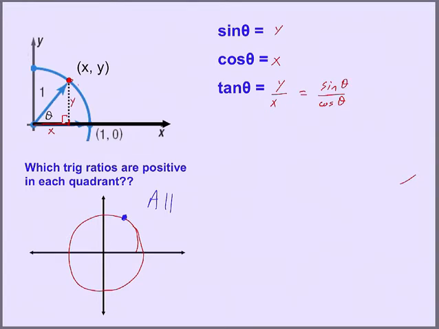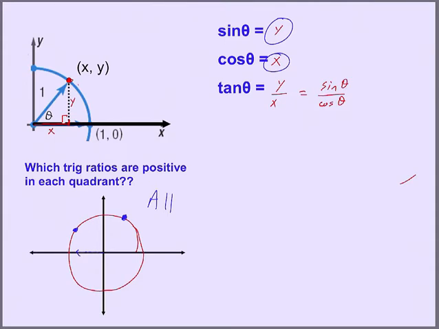On the other hand, when we move into the second quadrant, what happens here is we're going backwards. So the x values are going to be negative, while the y values are still positive because we are above the x-axis.